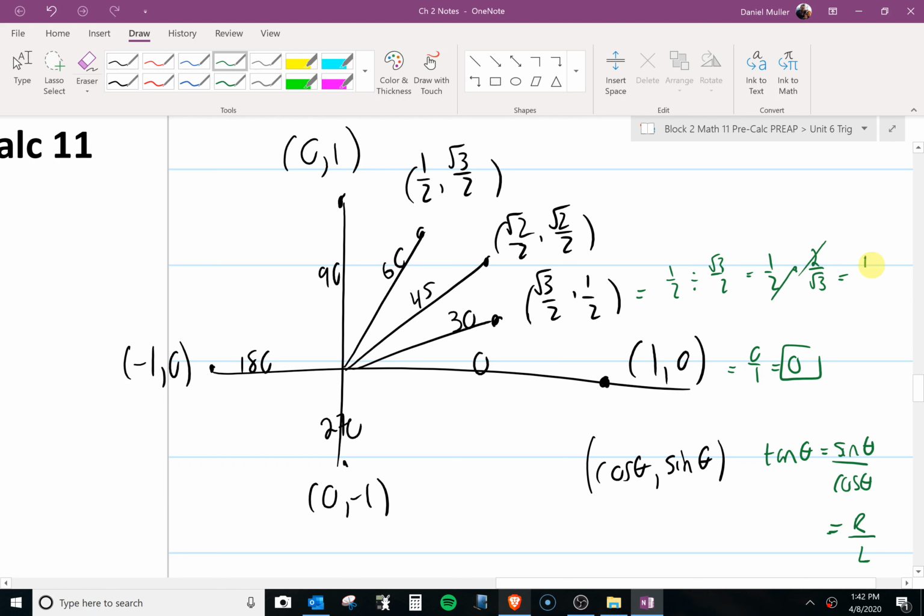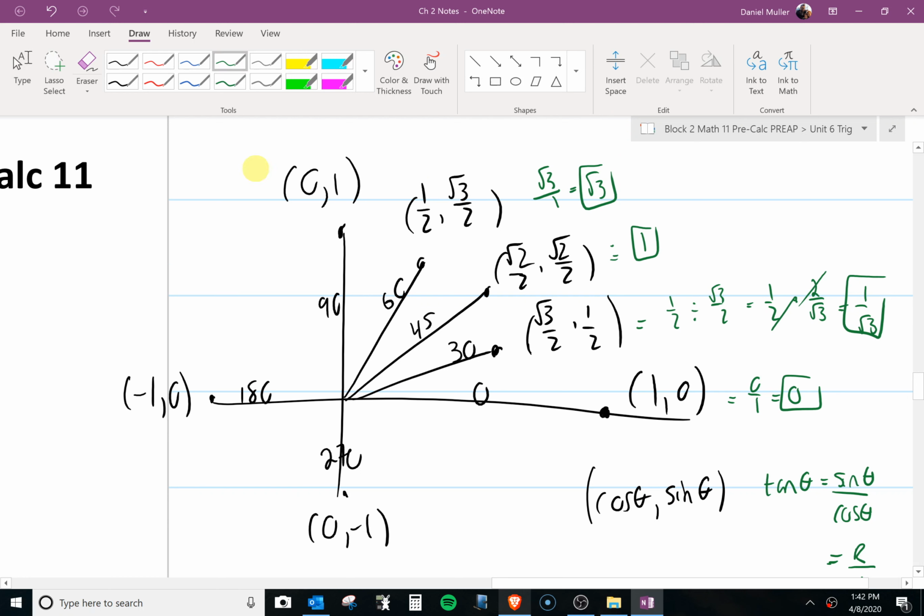Those cancel out, so you have 1 over root 3. This one right here would be root 2 over root 2, which is just going to be 1. Anything over itself is 1. And this one is going to be the right, which is root 3, over the left, which is 1. So we'll just do root 3.